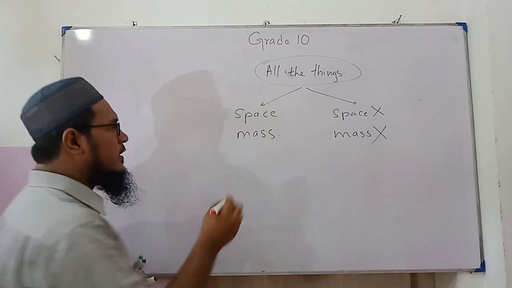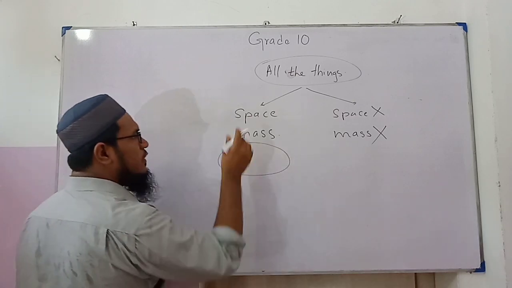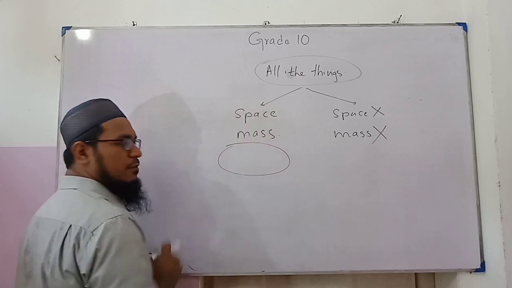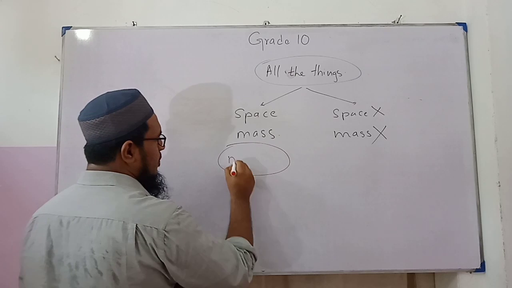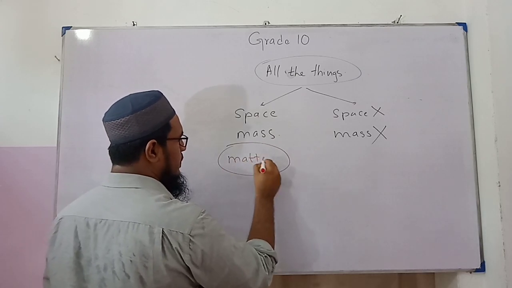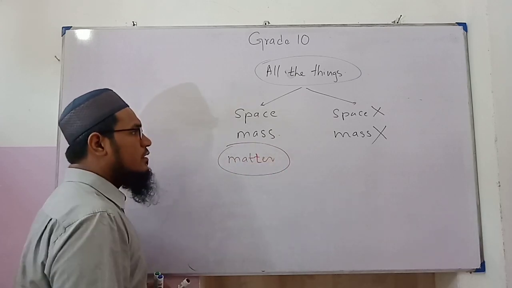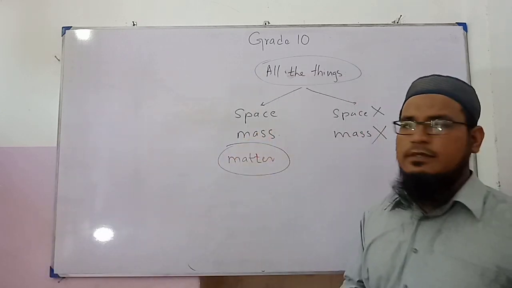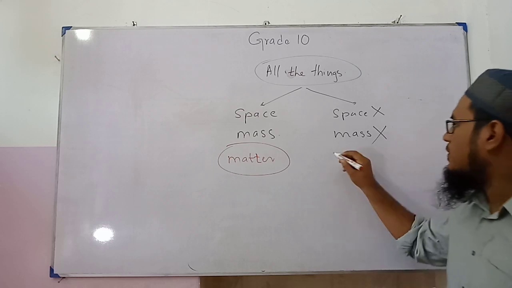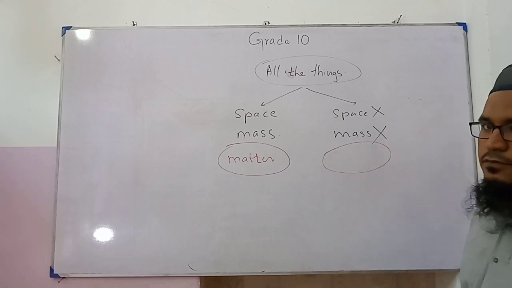We know in smaller grades we have learned that anything which occupies space and has a mass is called matter. The things which do not occupy space and do not have a mass are called energy.